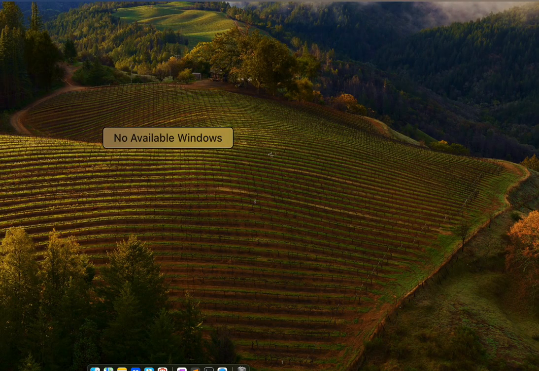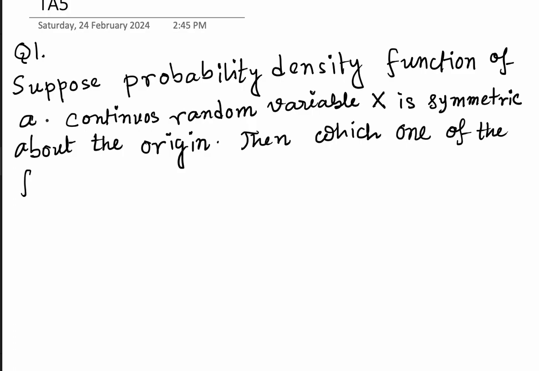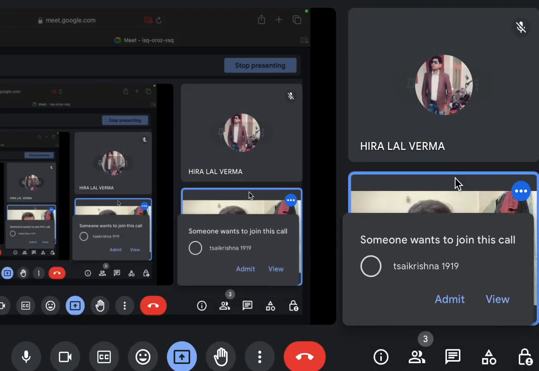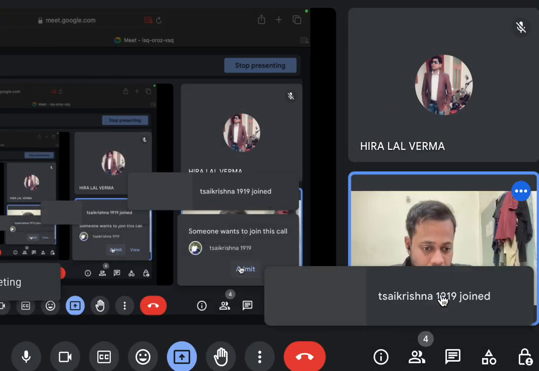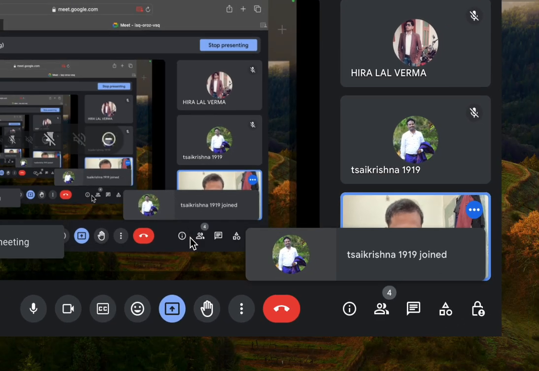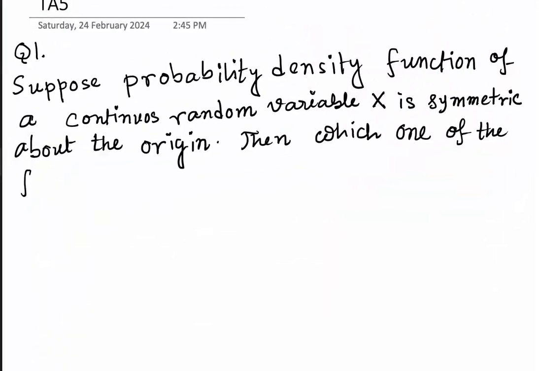Okay, so then which one of the following statements is true?